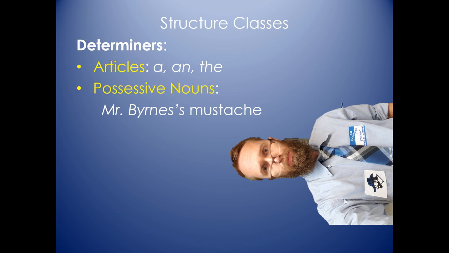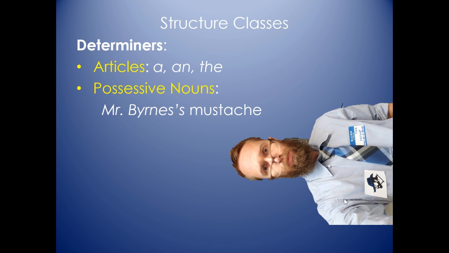So the first one you may not have ever heard of before is what we call a determiner. So articles, a and the, are now referred to as a bigger category called determiners. Possessive nouns, like Mr. Burns, would be a possessive noun and he would be considered a determiner. A determiner basically determines there's a noun showing up.